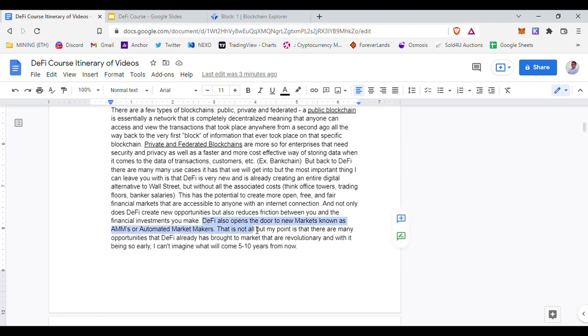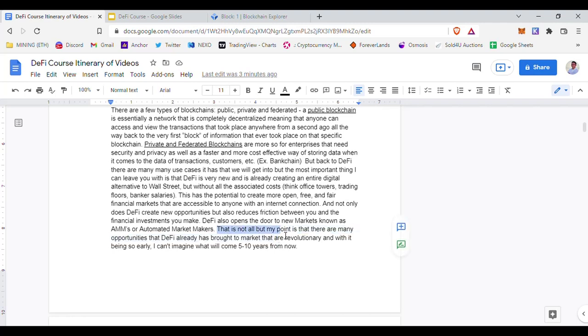Decentralized finance also opens the doors to new markets known as AMMs, or automated market makers. We will be getting into that. It's essentially an algorithm that makes a market. It's kind of like an order book, but don't worry about not understanding what it is. It is in the definitions tab I created for you, that PDF, but it will be described in depth and examples will be shown.